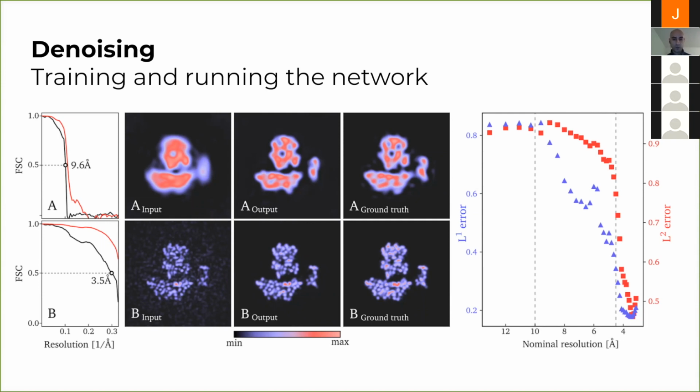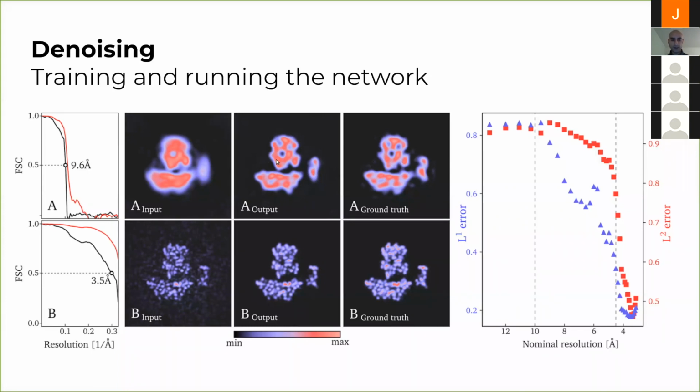And what happens when you train a denoiser to take you from a noisy image to a less noisy image, and then you apply it to different resolution regimes, you get something like this. In this case, this first column is the input to the denoiser, this is the output of the denoiser, and this is the ground truth.